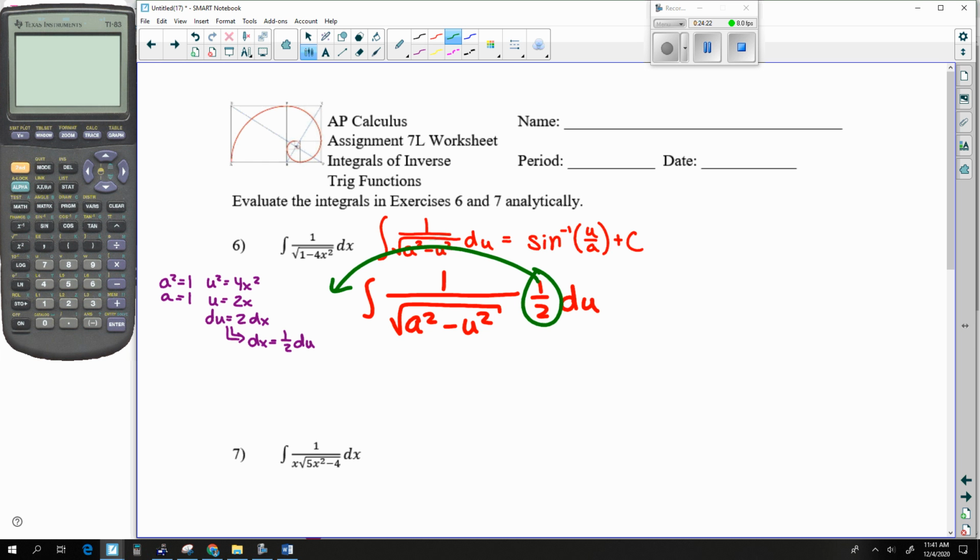Okay, if I do that, we're good to go. So this is going to be 1/2 inverse sine u over a, which is 2x over 1. And because this is an indefinite integral, it goes back to the x. I'm not going to leave that as the letter u. If it was a definite integral, I'd leave it as the letter u. Plus c.